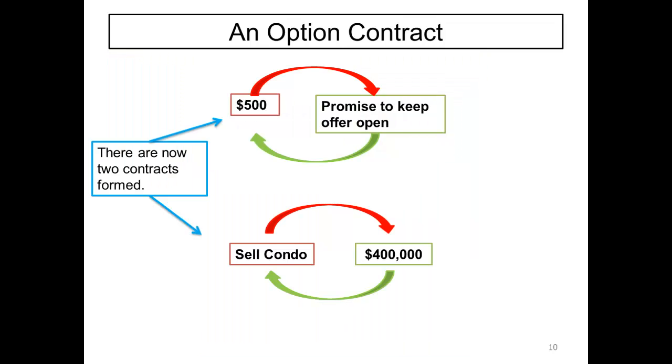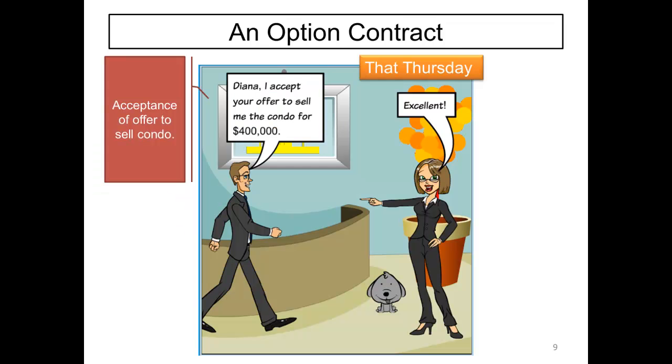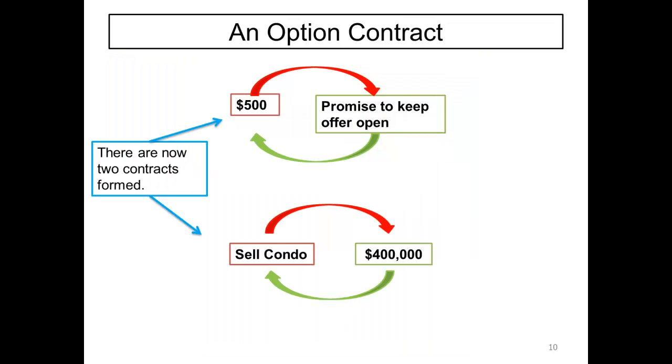At this point, we've got two contracts formed. The first one was $500 exchanged for the promise to keep the offer open. But now, right there, we've got the condo offer, sell the condo for $400,000, accepted for $400,000. So we've got two contracts formed at this point.